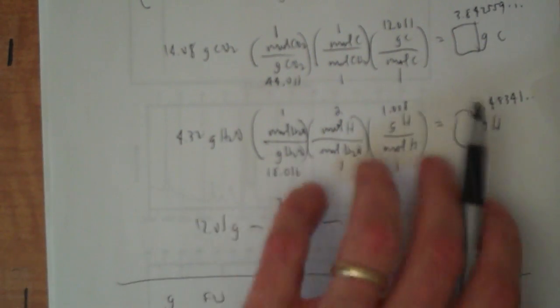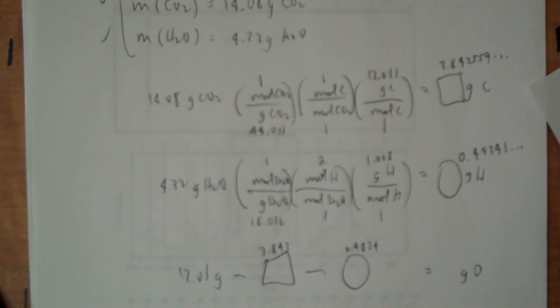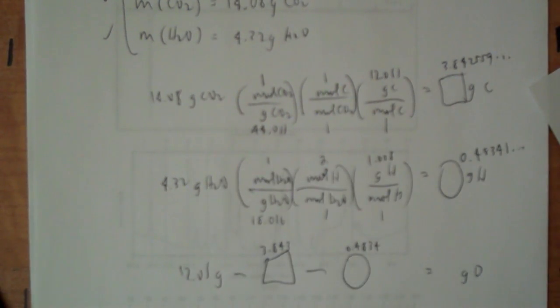But before I do this, I'm going to go through and check my math again real quickly, all right? Okay, I just checked that one and it looks like it's good.